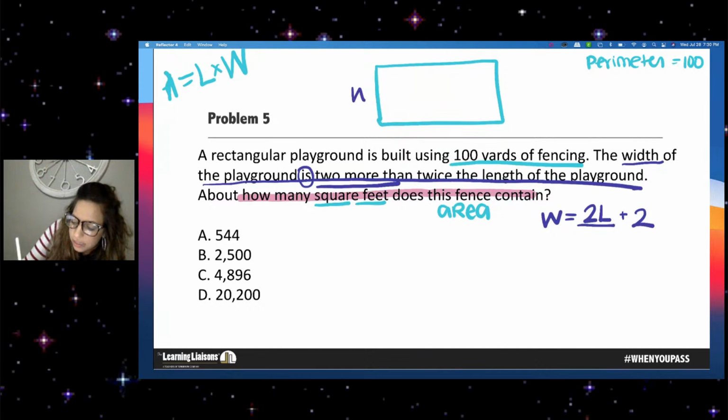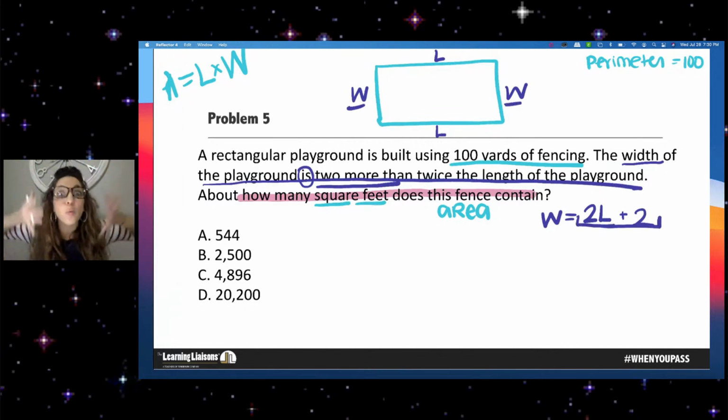Well, what does that mean? If that's W and that's L, and that's L and that's W, I can substitute or replace my W's with 2L plus 2. Because what does an equal sign mean? An equal sign means the same as.